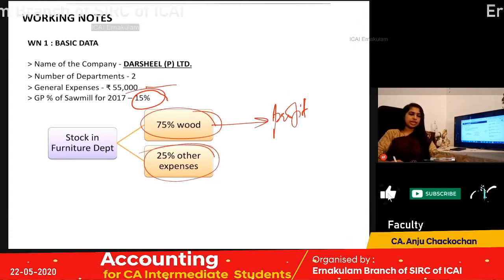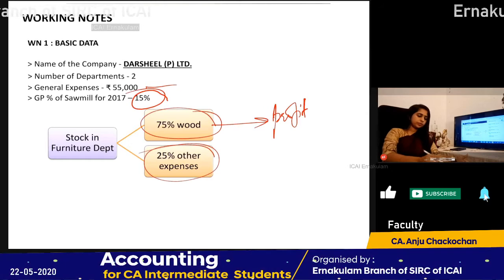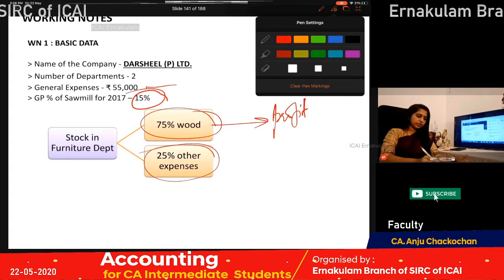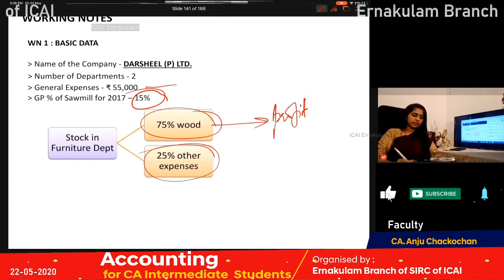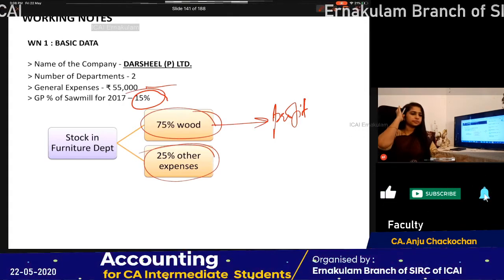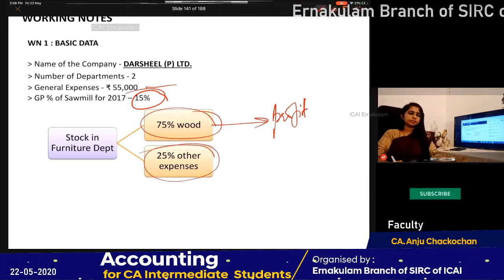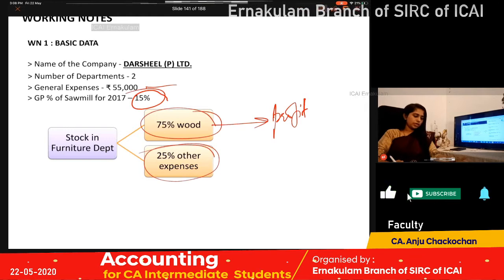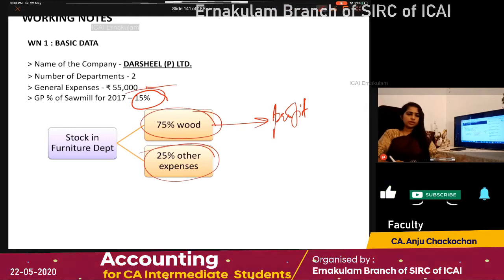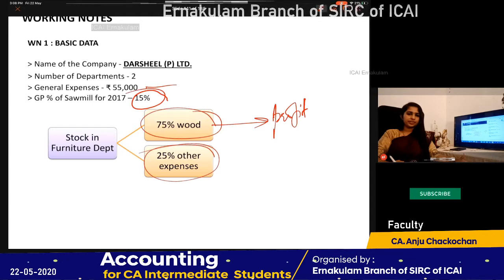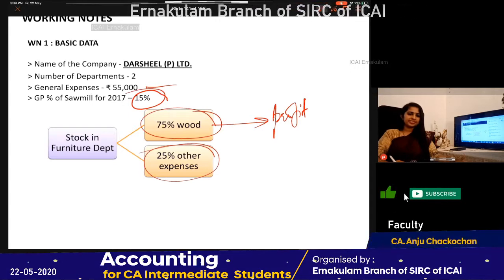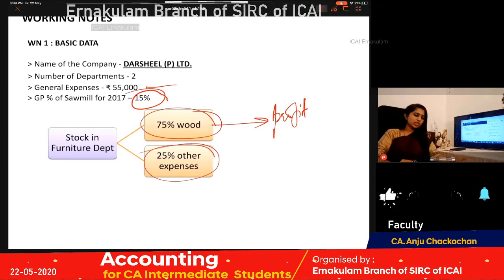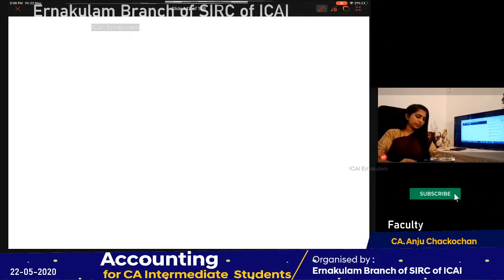Everybody, please take this down. Just 3-4 points to be written. Good. All right, fine. So we have the basic data also in the picture. Now let's see the next.